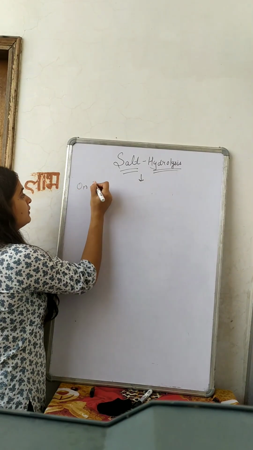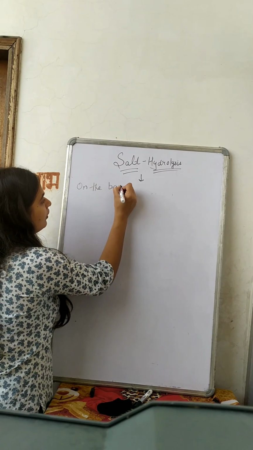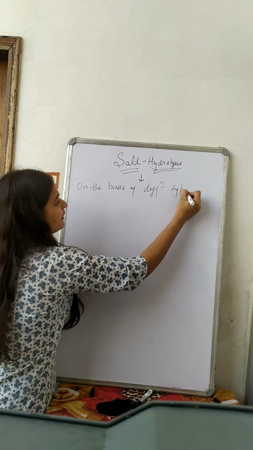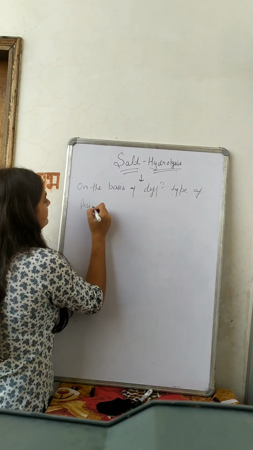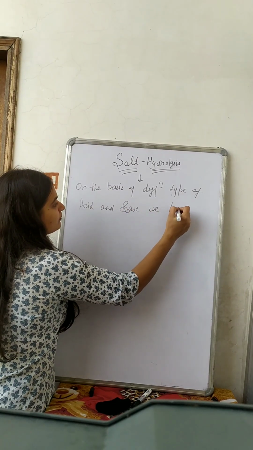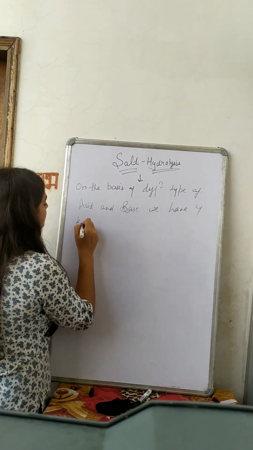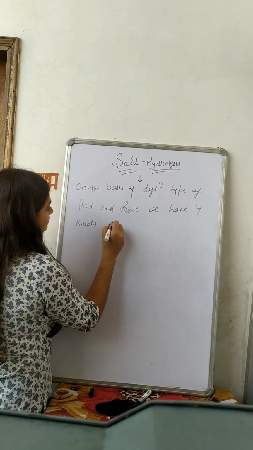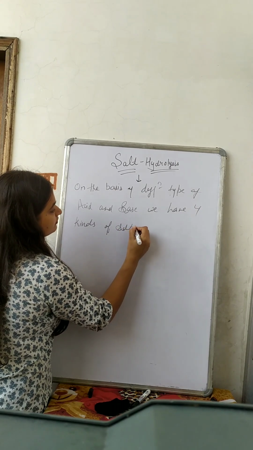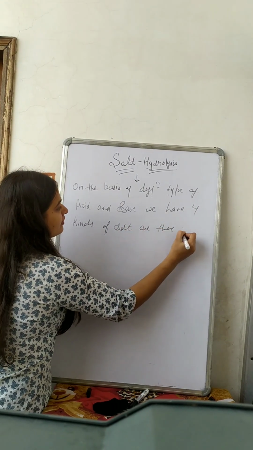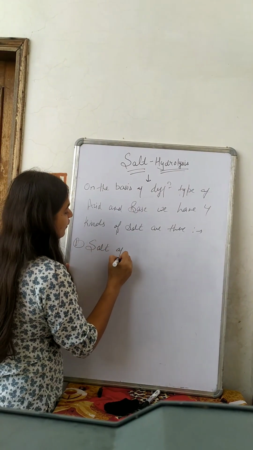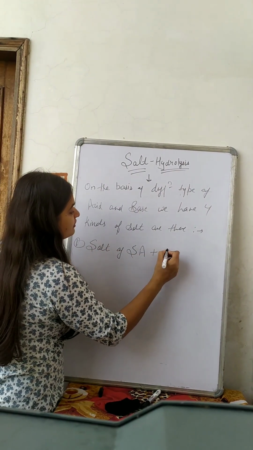On the basis of different types of acid and base, there are four kinds of salts. The first is the salt of a strong acid and strong base.